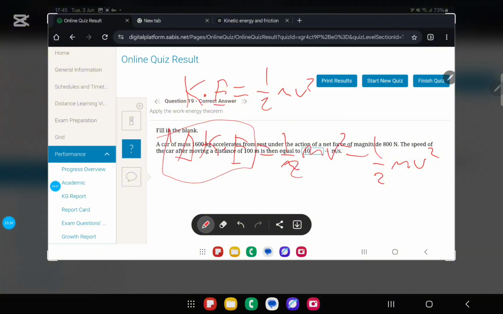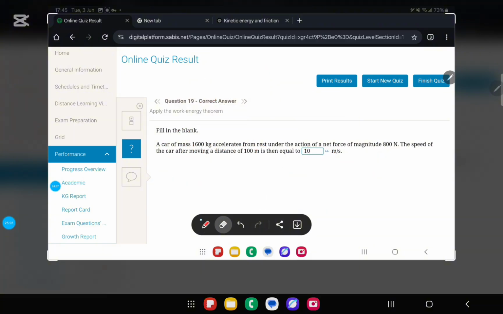Now, we have 800 newtons, the force, times the distance, which is 100, equal to 1 over 2... Again, we're using work equals delta kinetic energy. We're gonna use this rule to find this.